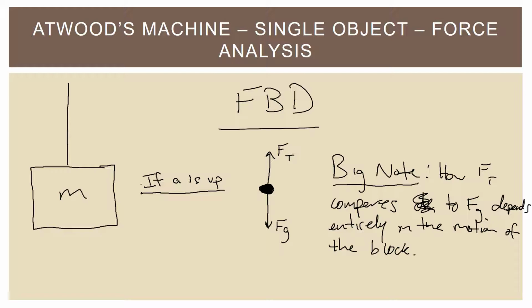If the acceleration is up, that means the net force is up, which means the tension is going to be bigger than the weight. And lastly, we can say here, if the acceleration is down, then that means the weight is bigger than the tension.